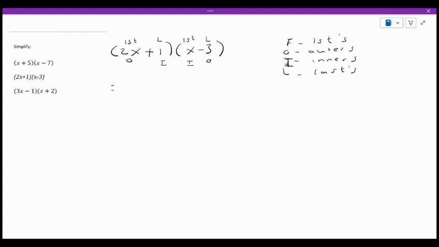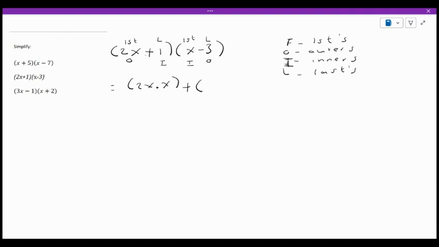We multiply the terms that have the corresponding wording. So the first is here and it's also there. So it's going to be 2x times x. The dot stands for multiplication.